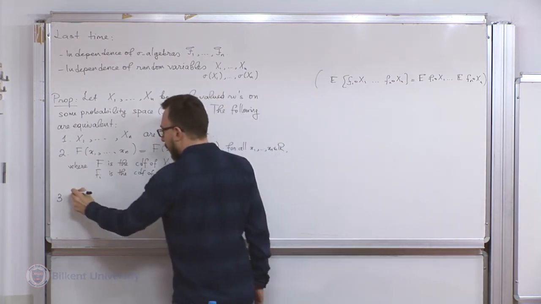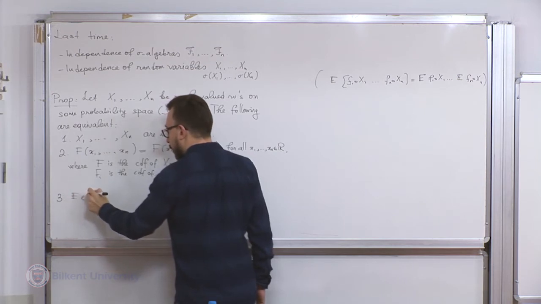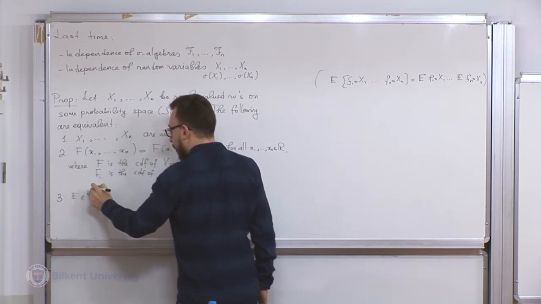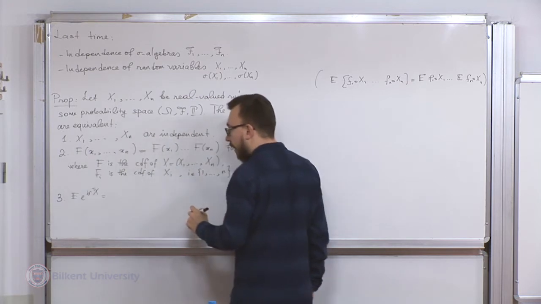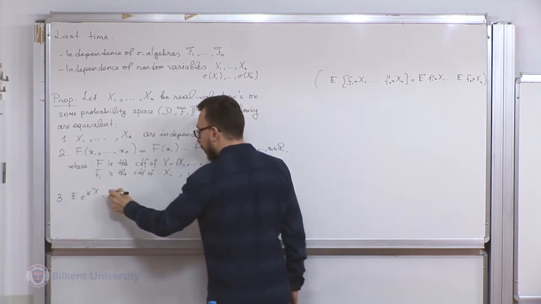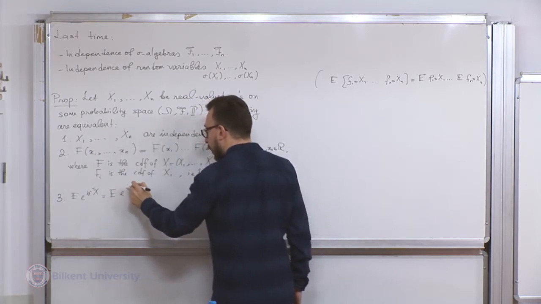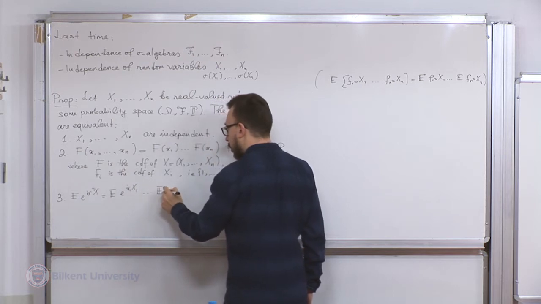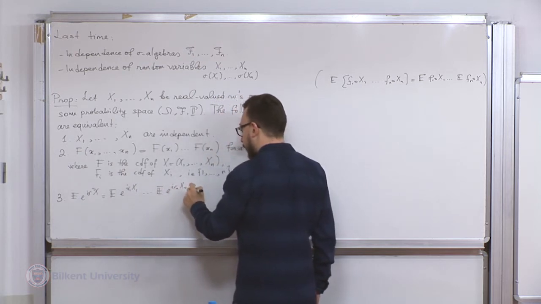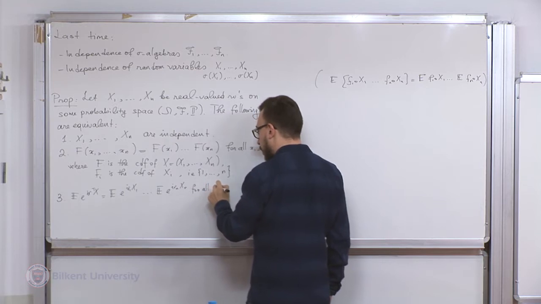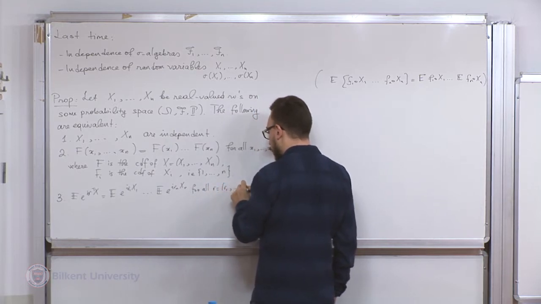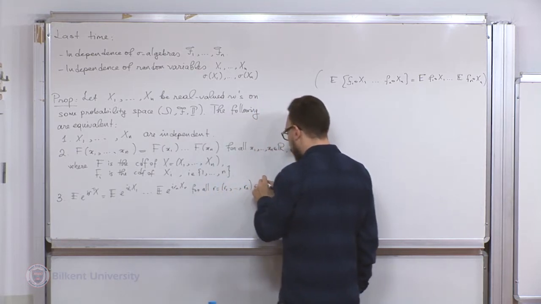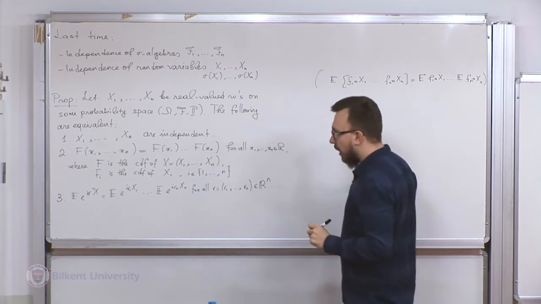So we have also the product rule for the Fourier transform, or the characteristic function. So this is phi of r equals phi_1(r1) through phi_n(rn), for all vectors r.